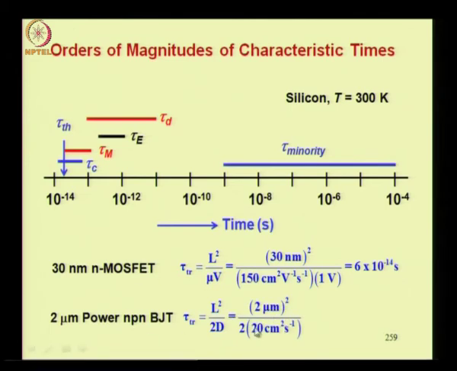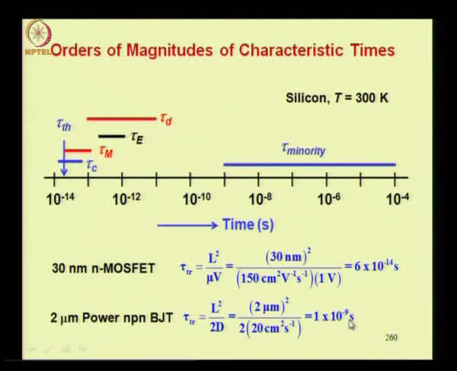On the other hand, for the diffusion across the base of a power BJT for electrons, you are using here a diffusion coefficient of 20 centimeters square per second, this corresponding to doping level of approximately 10 power 16. This results in a long time of 1 × 10 power minus 9 seconds.